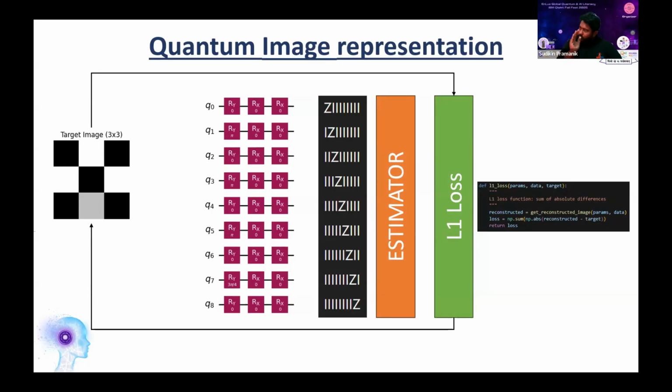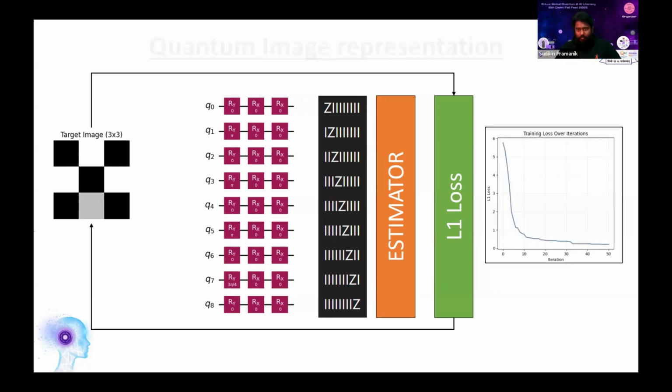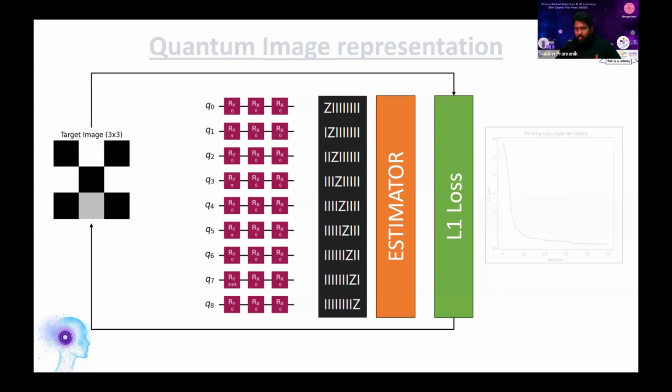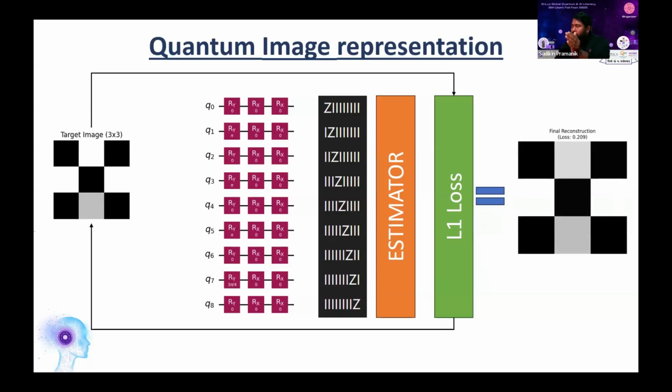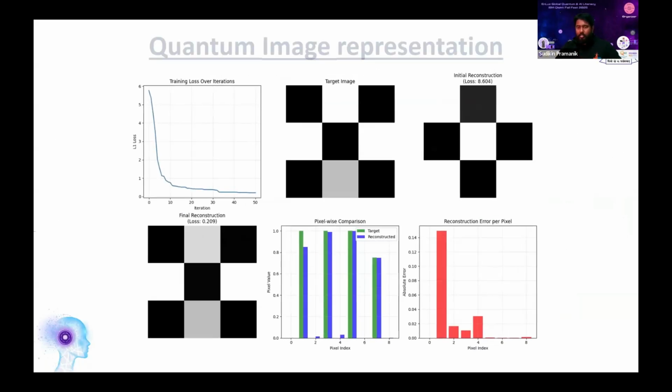We measure the outputs, we get some values, and we compare them with the target image. Again, we put that into the trainable circuit, and the trainable circuit modifies itself similar to a neural network. It trains itself and updates its parameters automatically. So this is our training loss, and this is the final reconstruction image, and this is how the image would finally look and how the image looked when it just started.